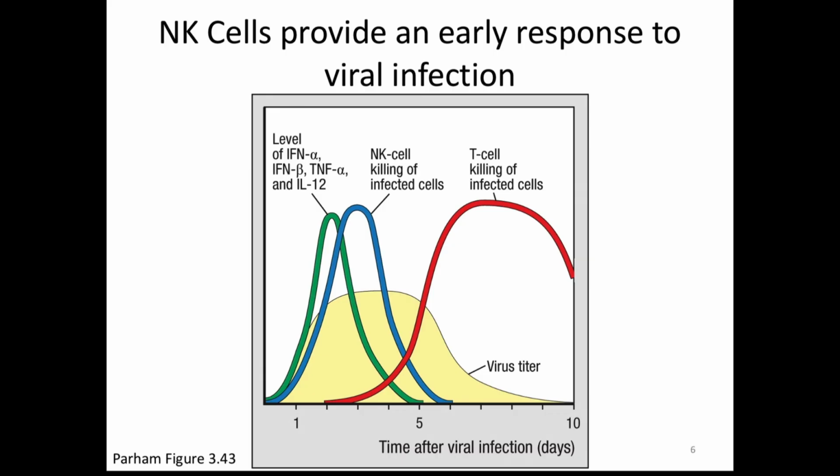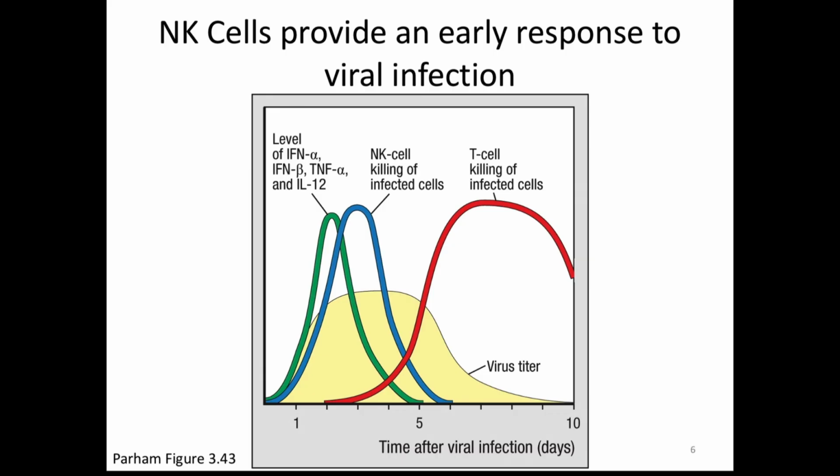In green, you see the classic innate immune cytokines and where they're being made. In red, you see the T cell response. In blue, you see when the NK cells are acting and when we see the most activity of those NK cells against the virus.